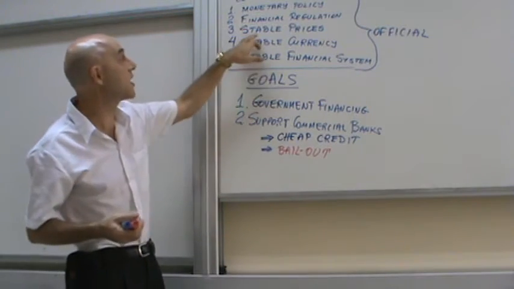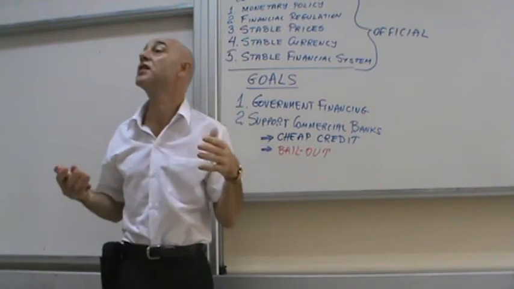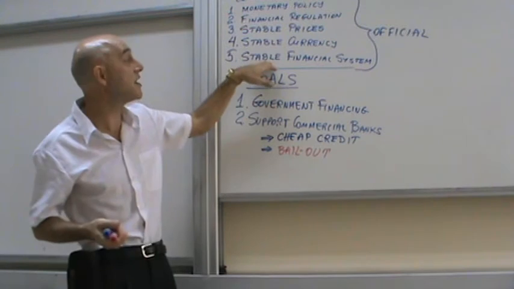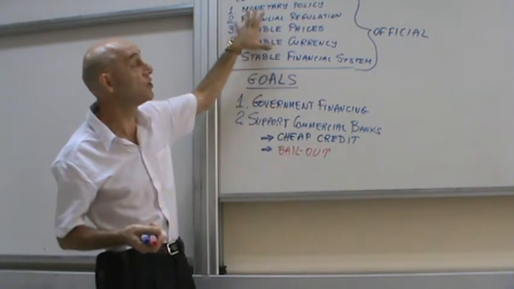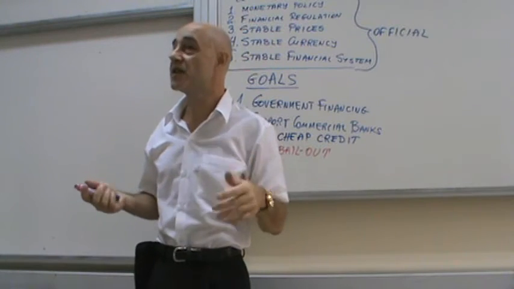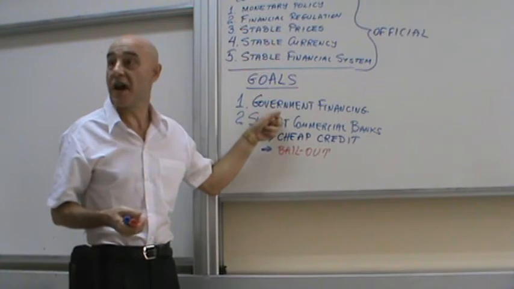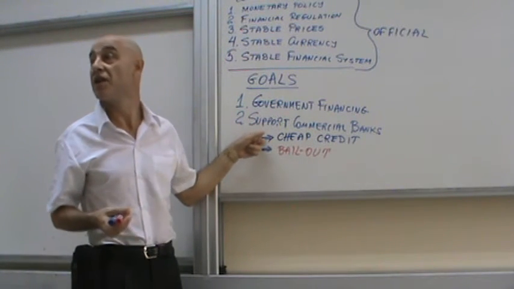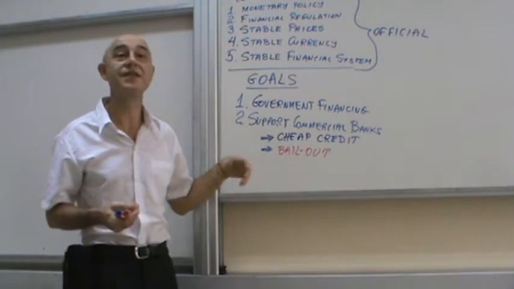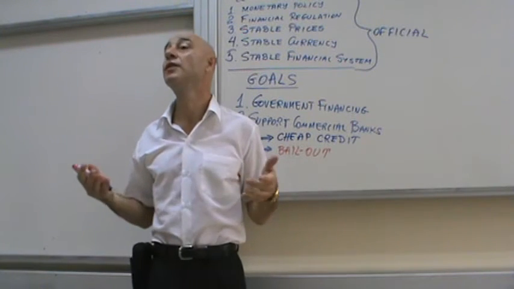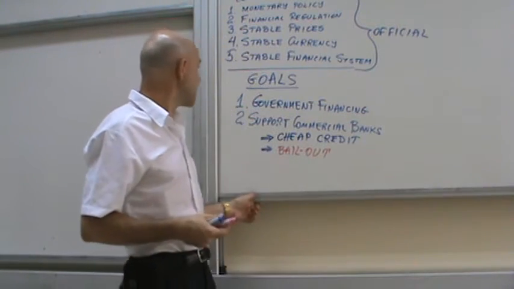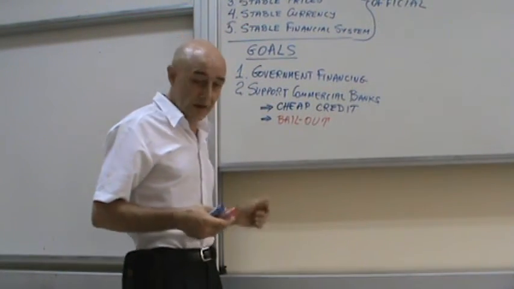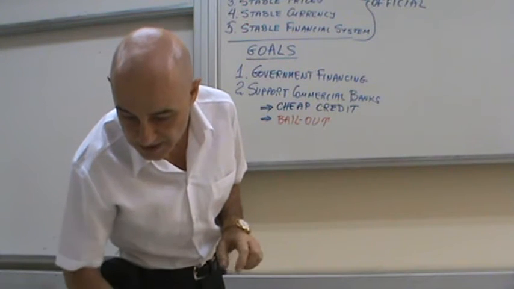If it has to sacrifice prices, it will. If it has to sacrifice the stability of the financial system, it will. It will do whatever it takes to take care of the government and to take care of commercial banks. That's the way the real world works, okay?